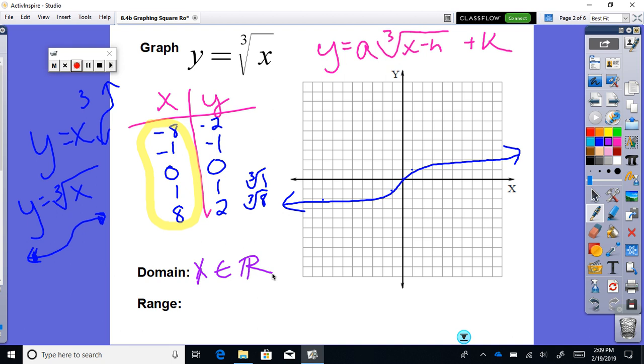And although it looks like it's not rising very fast here, it will continue to get larger. So the range is all real numbers as well. The bigger number you put in, the bigger number you're going to output. It's going to continue infinitely and approach infinity in both directions there.